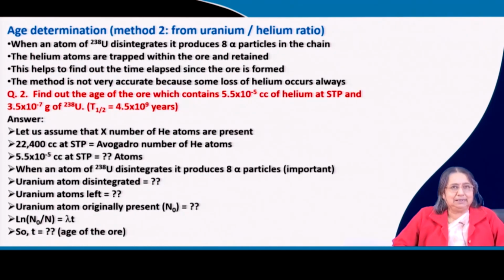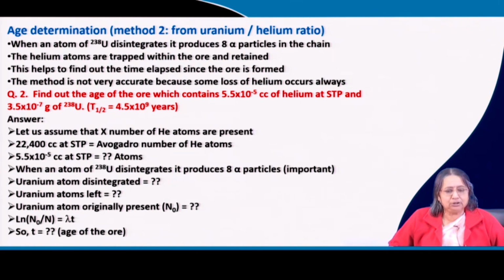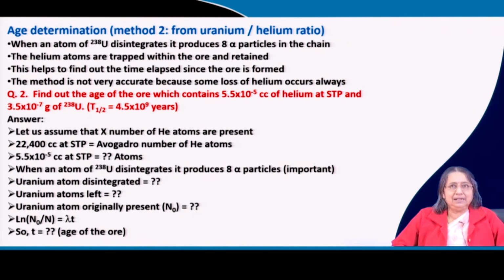There is another method, also from uranium, but from the uranium-helium ratio. Why helium? Because uranium gives out alpha particles, as I told you. What is an alpha particle? It is nothing but a helium nucleus.